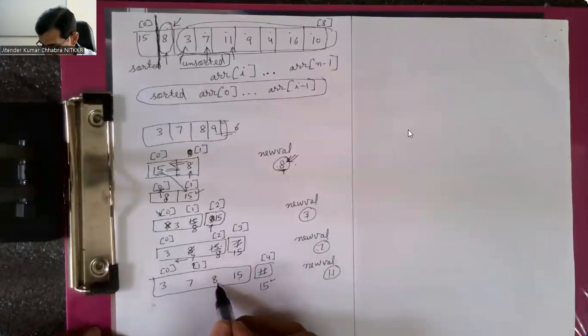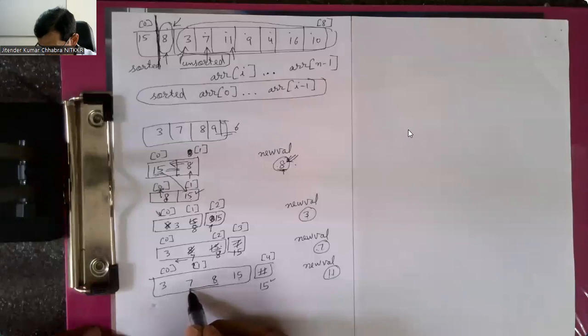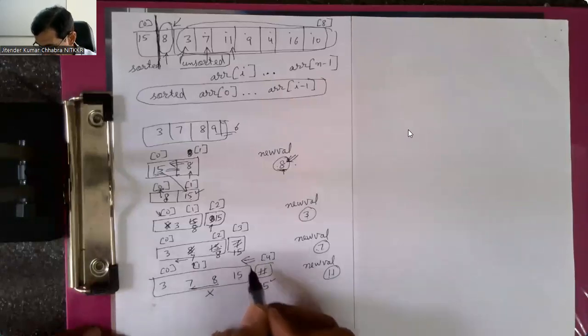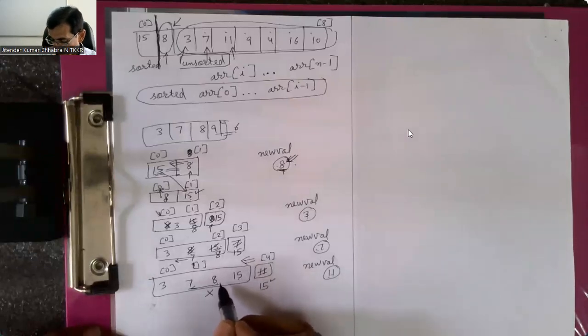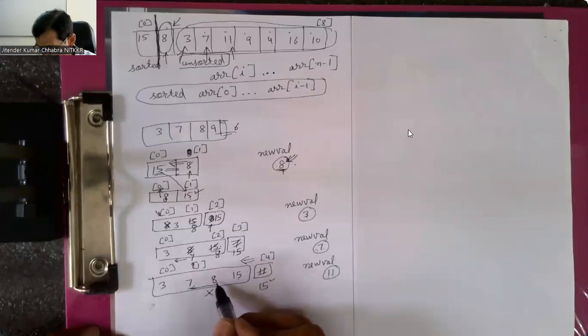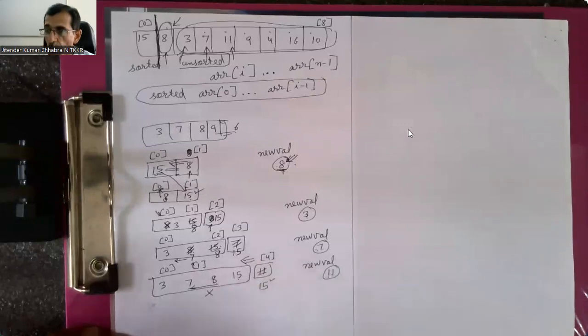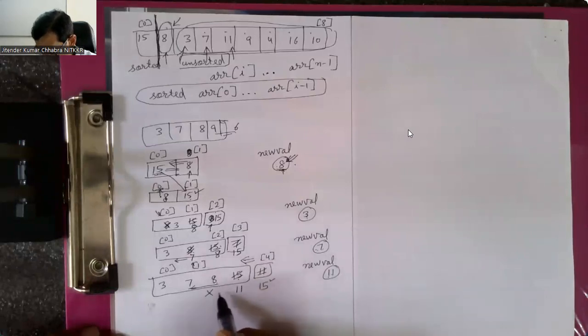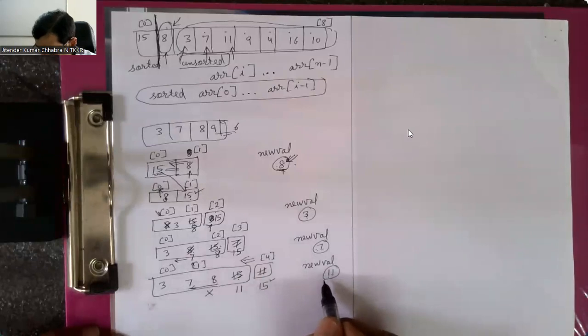As soon as an element is smaller, I need not compare at all backwards. So I started comparing backwards, but as soon as the element found in the sorted list is smaller, I will stop. And I can easily say no further comparison is needed. So, of course, now I can make the logic based on this.